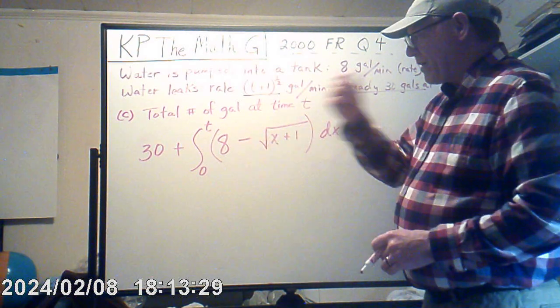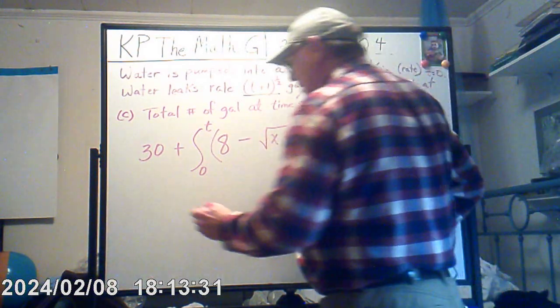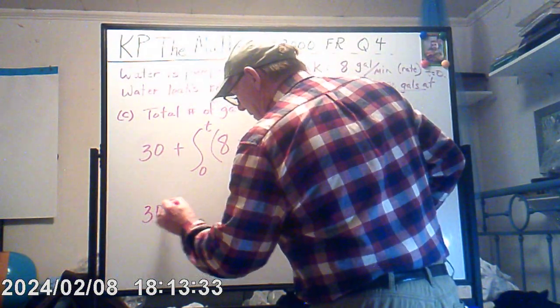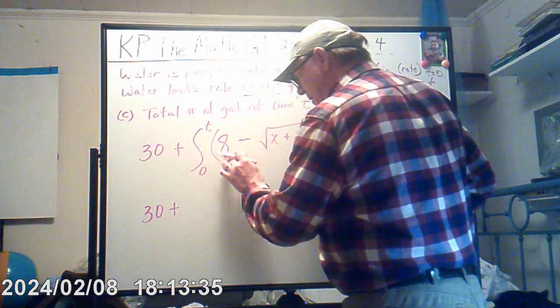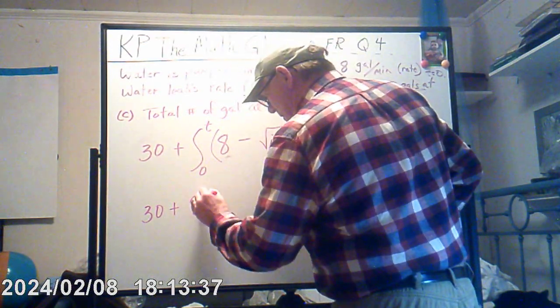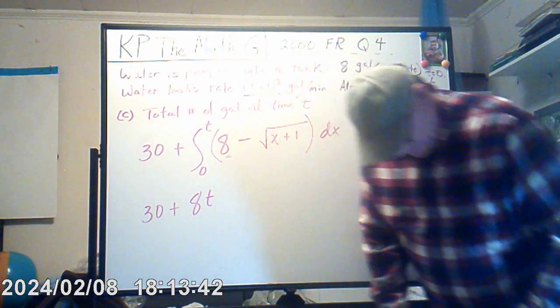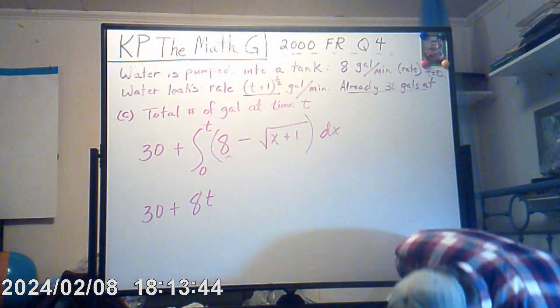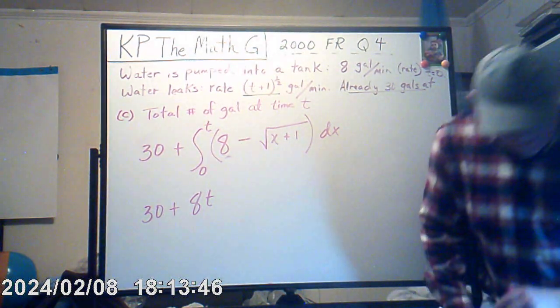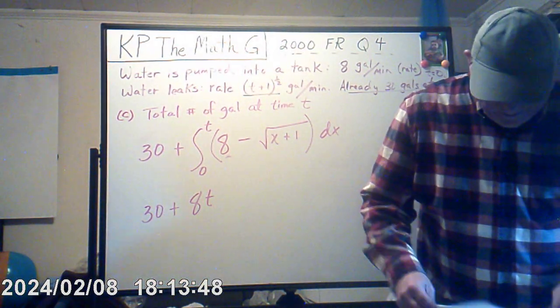Now, can we go a little further? Maybe so, yes. We know that this antiderivative here is just simply 8t, right? Okay, hold on. I'm dropping paper on the floor. All right, right here, yes.